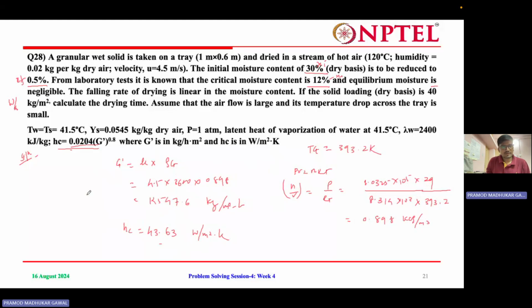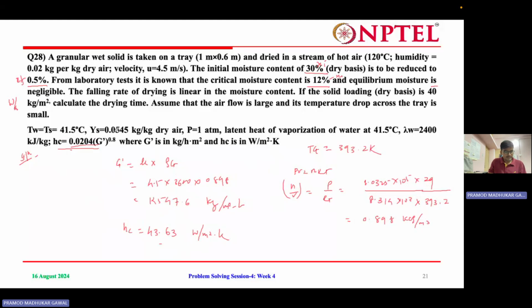All the other values, like at wet bulb temperature 41.5 degrees Celsius, are obtained from the psychrometric charts, which are in the humidification chapter.